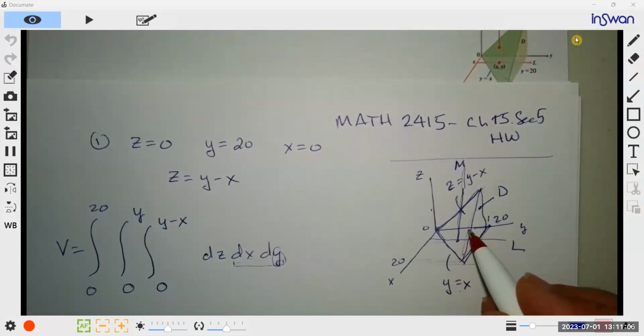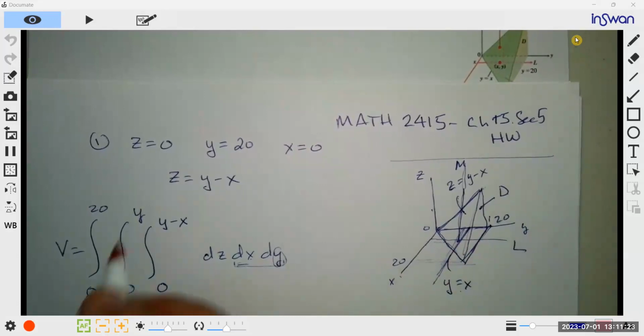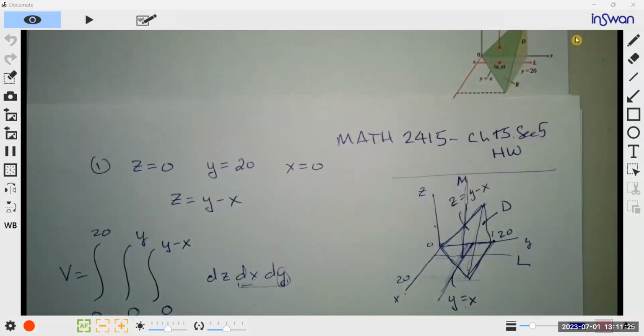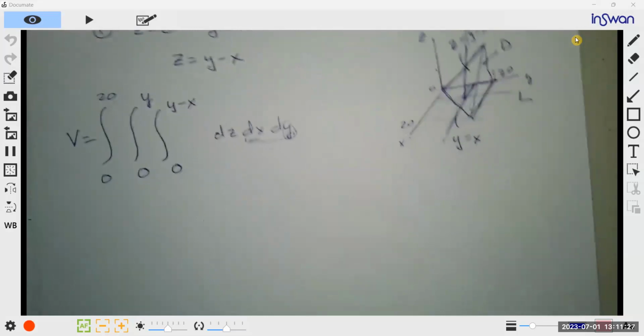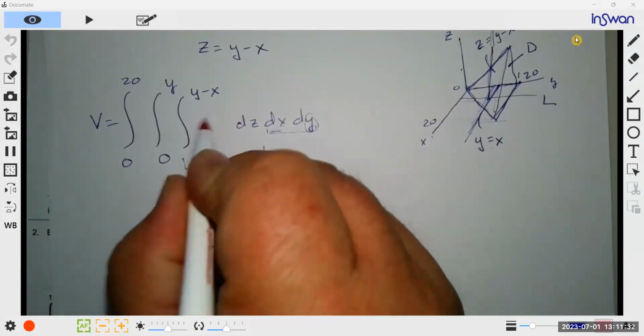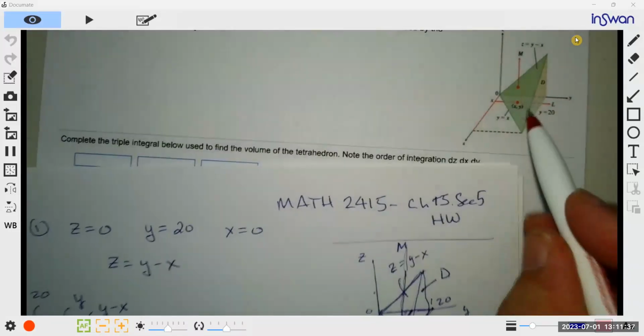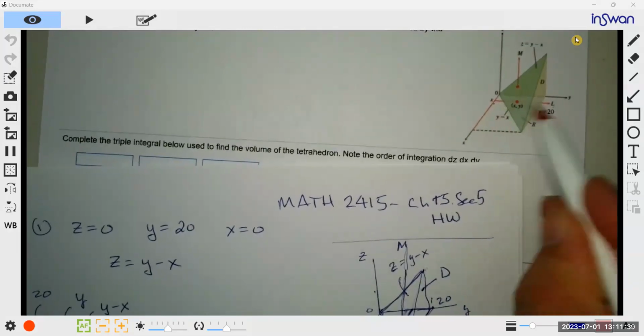Actually, we have to look for a line that's parallel to our x. For this one, it's easier to look at it this way. It starts off at 0 and goes to y. All right, so now we begin. Now, I don't know why this one said use that one.